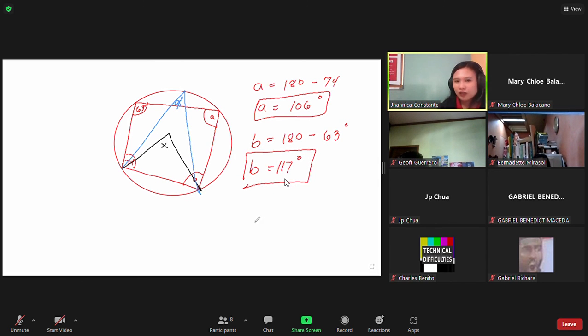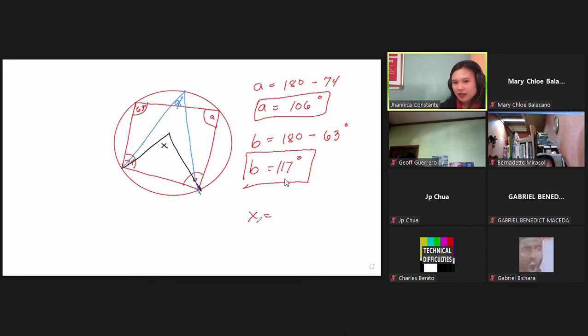And to find the measurement of angle X, applying the property of angle at the center, the measurement of the angle in the circumference is half of our central angle. So 95 divided by 2, since that is the measurement of our circumference angle.